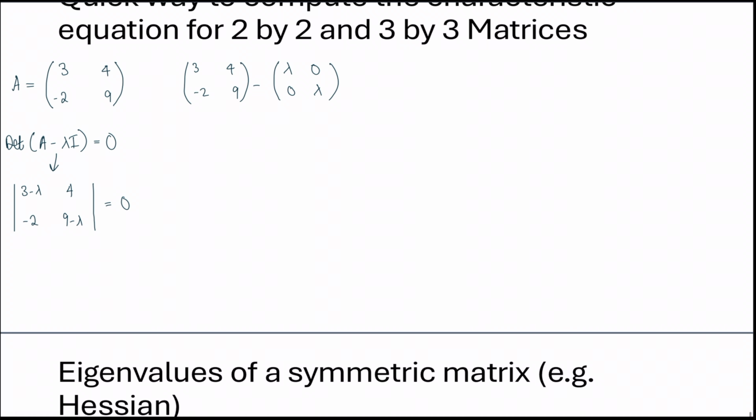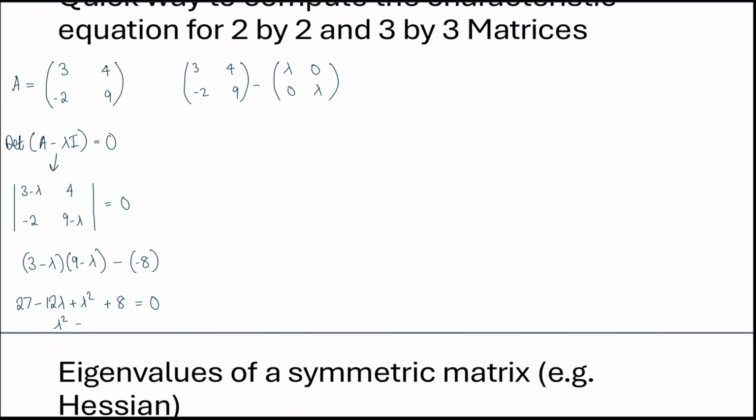So we now need to work out the determinant of this matrix, and that would be 3 minus lambda multiplied by 9 minus lambda minus 8. So these two times together minus these two times together. If we now expand this out, we get 27 minus 12 lambda plus lambda squared plus 8 is equal to 0.